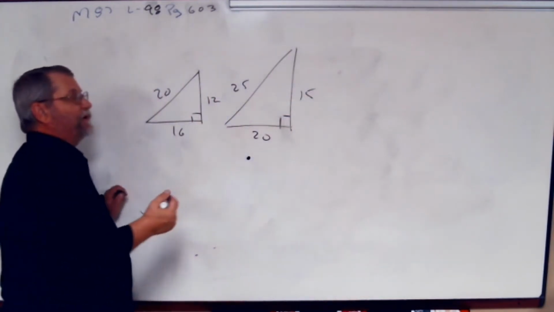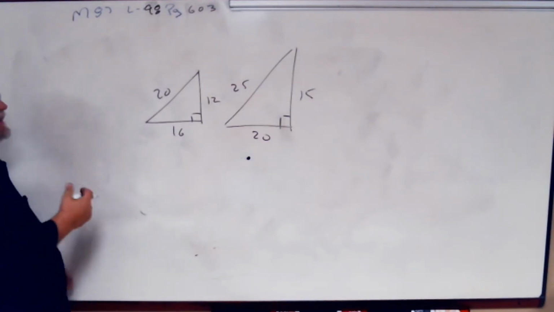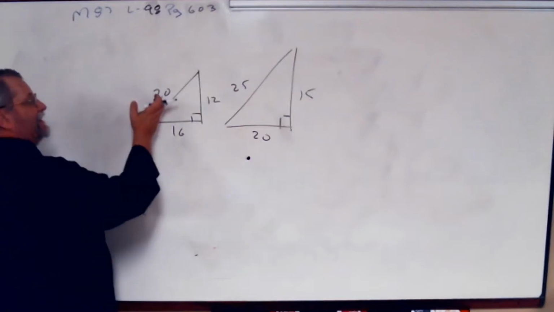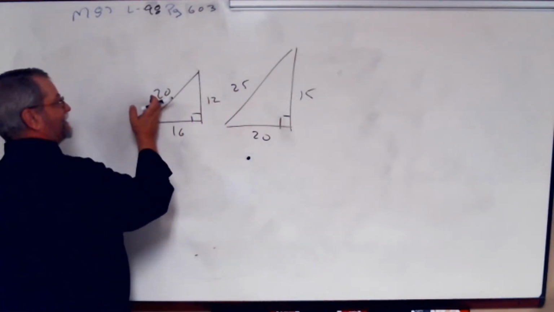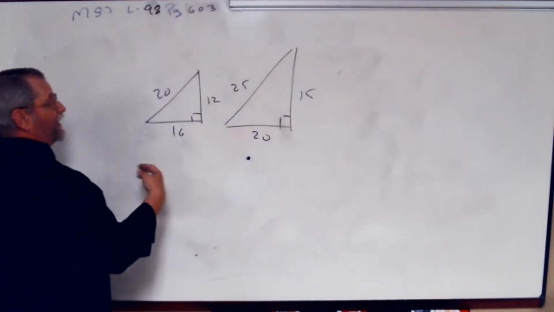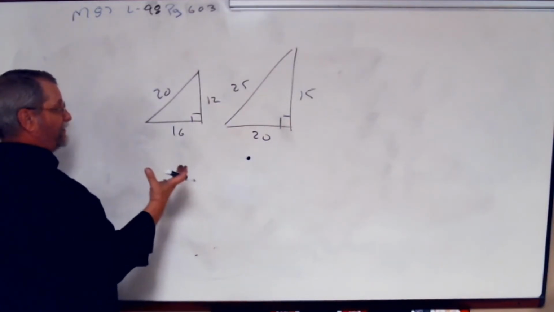If these are similar triangles, there's going to be a scale factor. That means I can multiply something times this to get that. So you just set it up, and we're going to find out what the multiplication factor is.